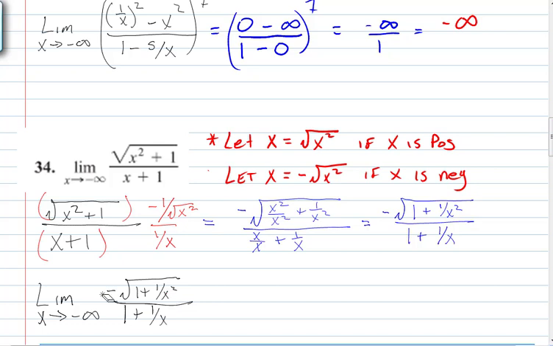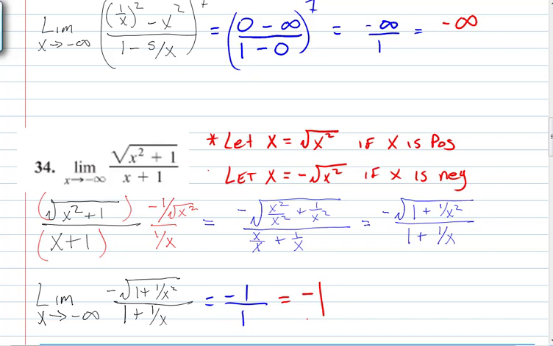So that gives us negative 1 on top, right? And this term is going to 0, so that gives us a 1 in the denominator. So this whole thing is equal to negative 1. Had you not put the negative in there, you would have gotten the wrong answer. And this is because we're going off to negative infinity. If we were going off to positive infinity, we would have gotten a positive 1.